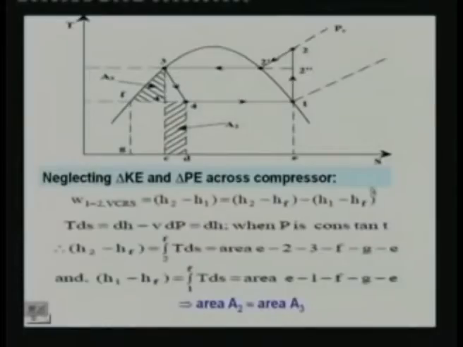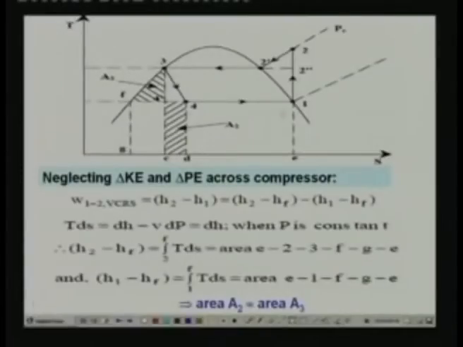Okay, so as I have already explained to you, here the standard vapor compression refrigerant cycle is given by 1 2 1 2 3 4. Neglecting kinetic and potential energy changes across the compressor, the compression process is 1 to 2.